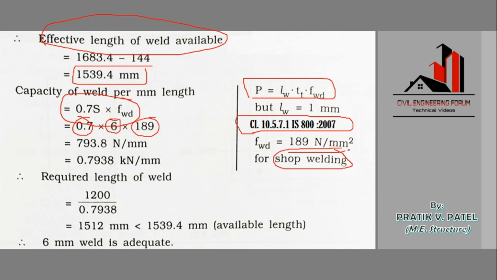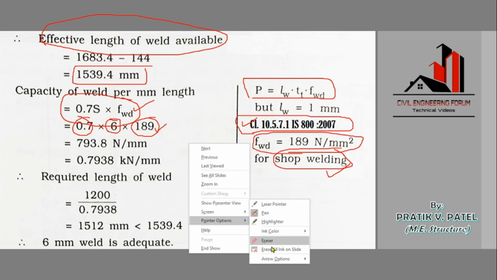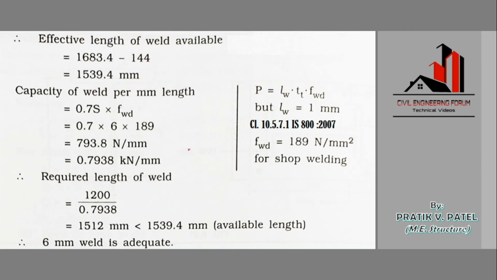So FWD is 189. This everything is given here on clause 10.5.7.1. I am not going in detail over here because it is covered under welded connection, and the factor of safety taken here was 1.25 because it is shop welding, but we can directly remember that it is 189 for shop welding FWD, because we are not welding this on field, so it is shop welding and it will be always 189.